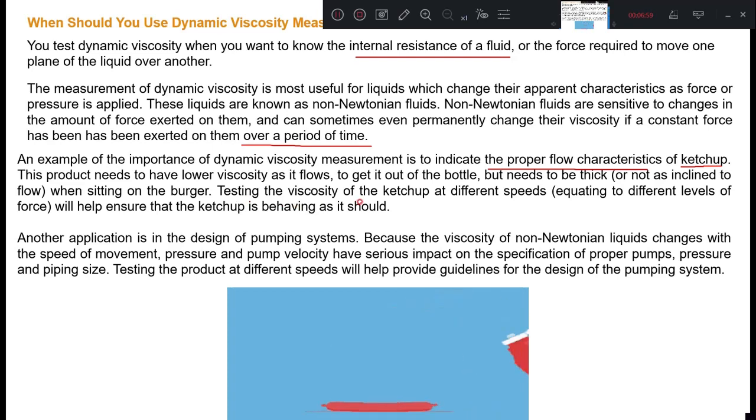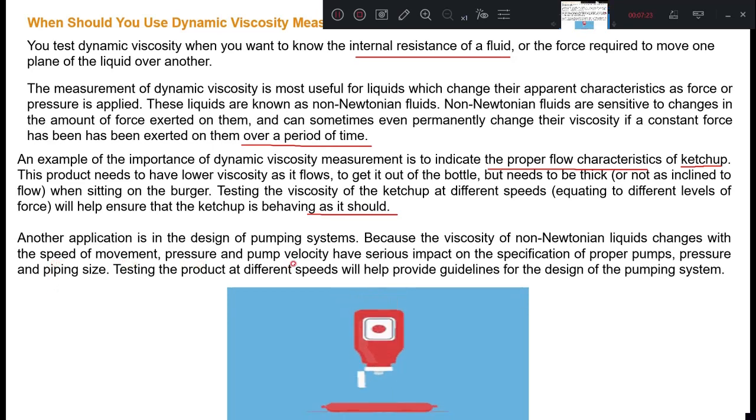Testing the viscosity of the ketchup at different speeds will help ensure that the ketchup behaves as it should. Another application is in the design of pumping systems, because the viscosity of non-Newtonian liquids changes with the speed of movement.